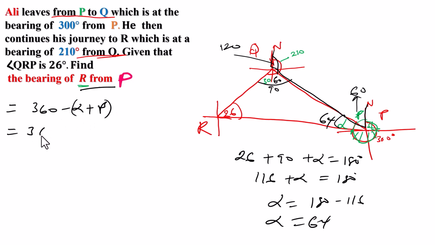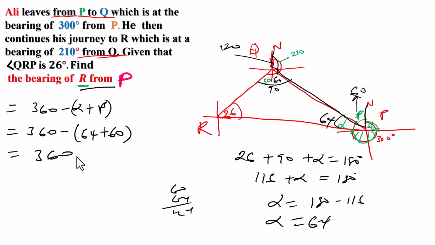So we have 64 plus 60, which is 124. 360 minus 124 gives us 236.